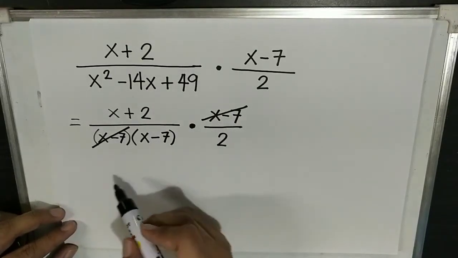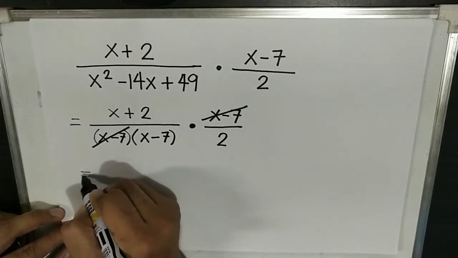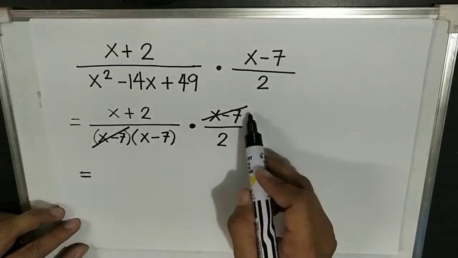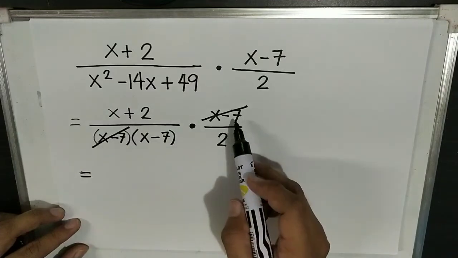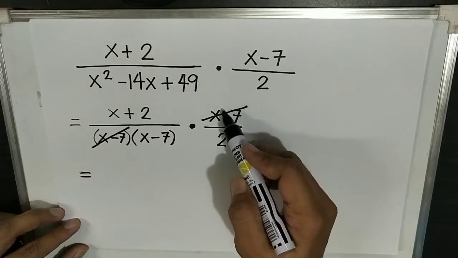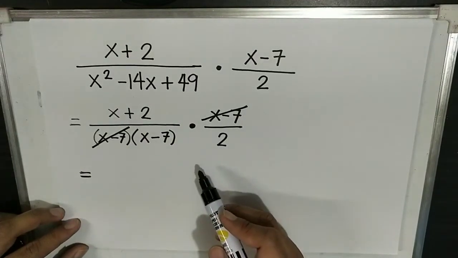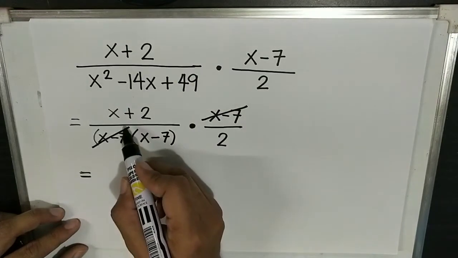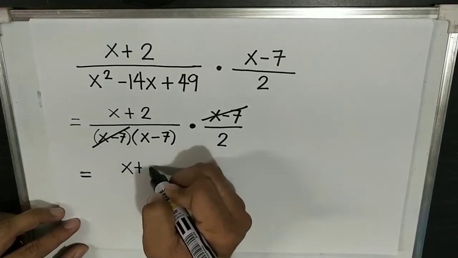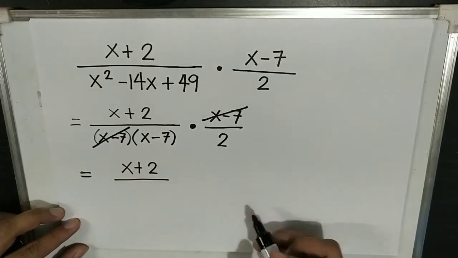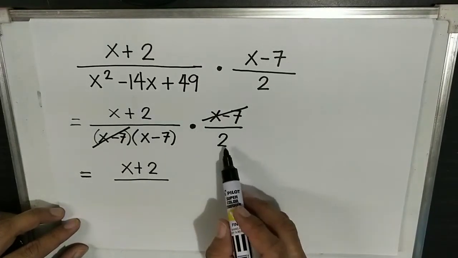Okay, so the term here is being crossed out with this x minus 7, so this means 1 because a number divided by itself is 1. So x plus 2 times 1 is x plus 2 over x minus 7 times 2.